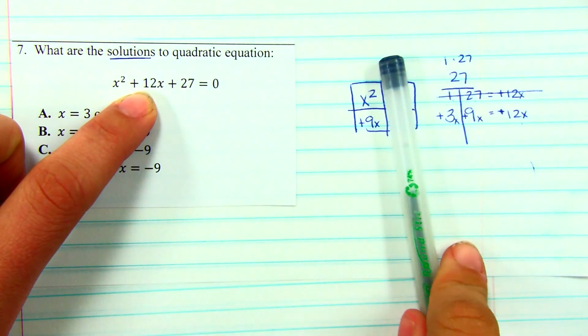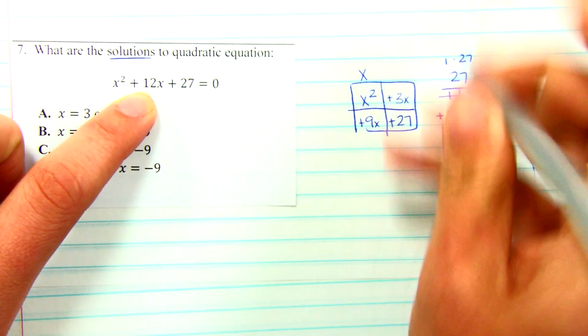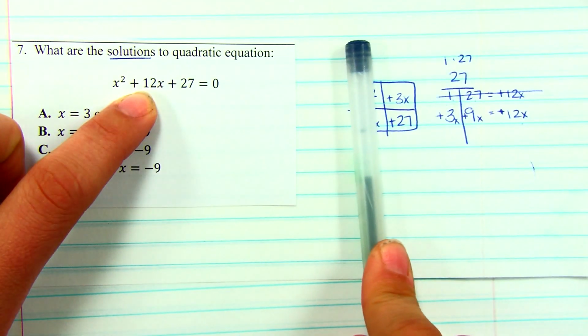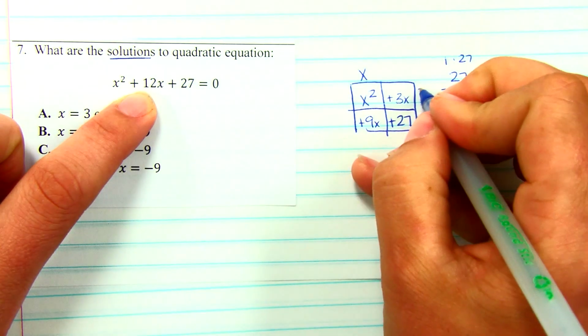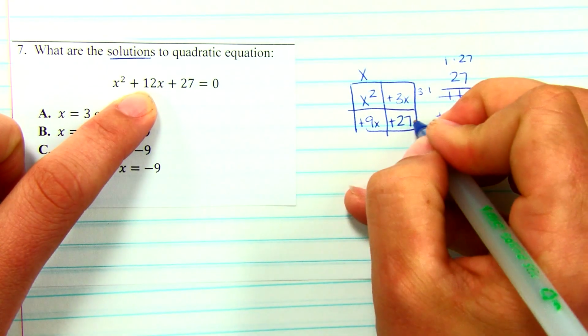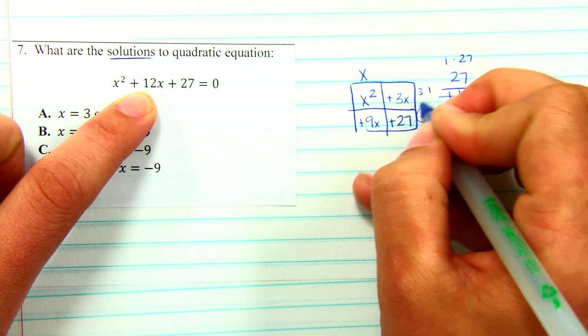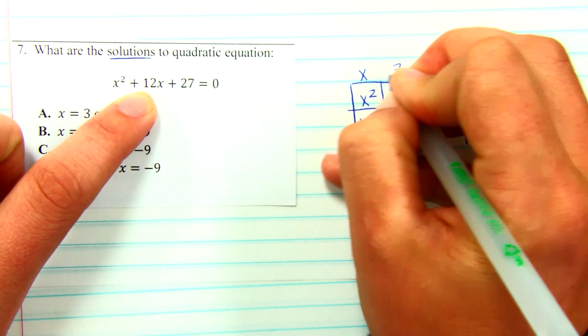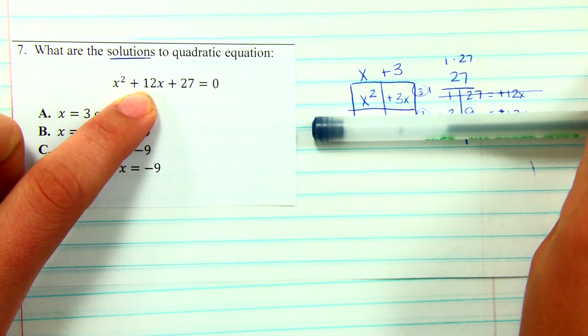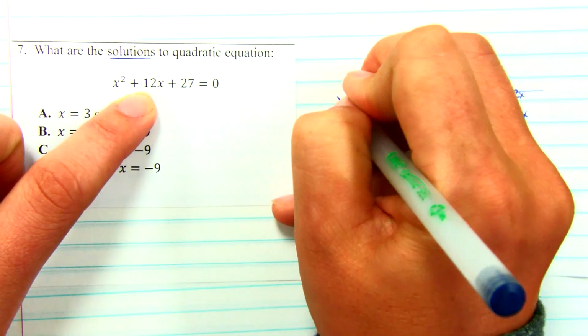So here we're going to factor out an x. Here we're going to factor out a, they're both, so 3 is divisible by 3 and 1. Is 27 divisible by 3? It is. So 3 is the largest one. These are both divisible by x.